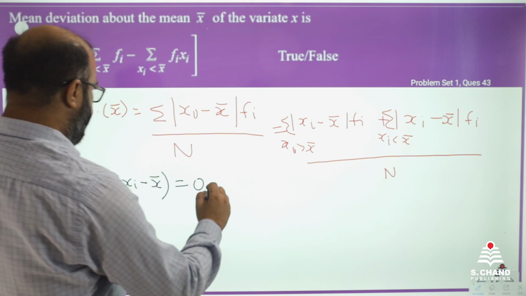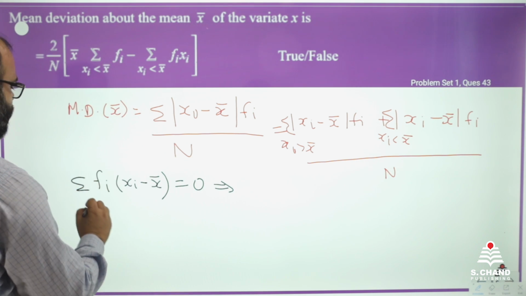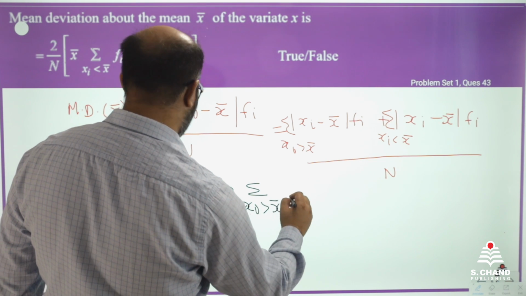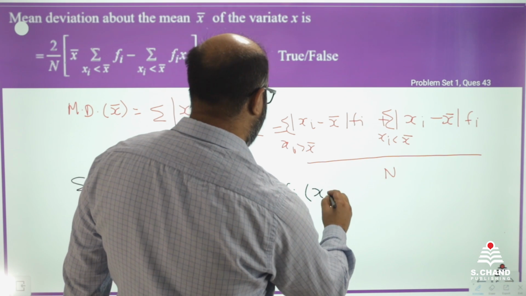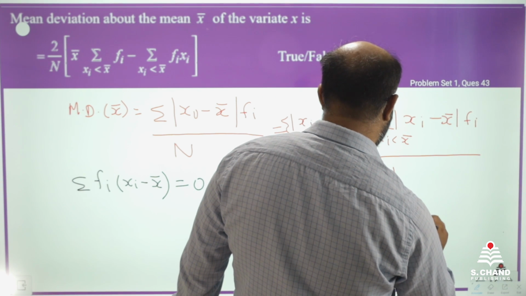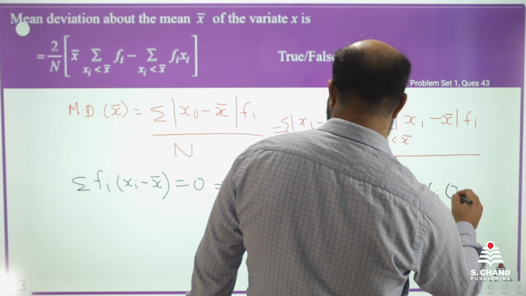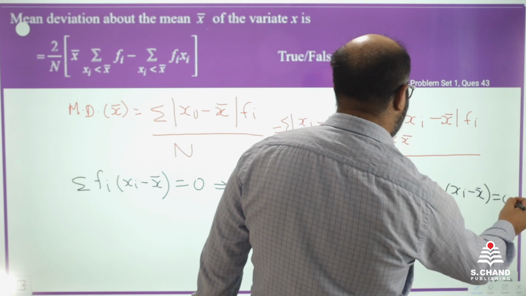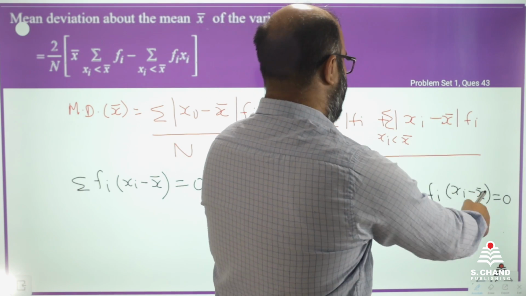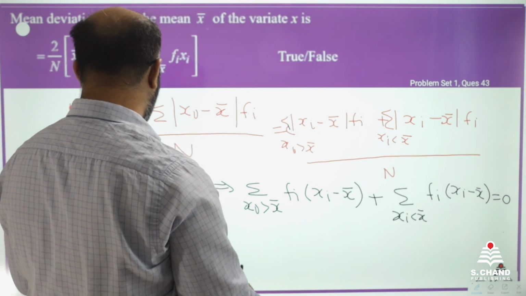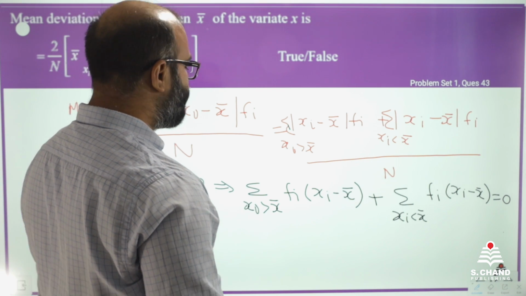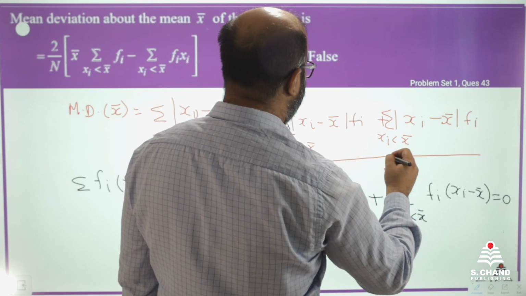So we can say sigma over xi greater than x mean of fi times xi minus x mean, plus sigma over xi less than x mean of fi times xi minus x mean, is equal to 0. The important point to analyze here is that there is a mod in the mean deviation expression, and no mod in this one, because this sum is 0.